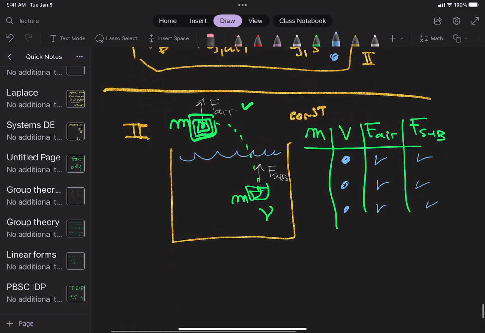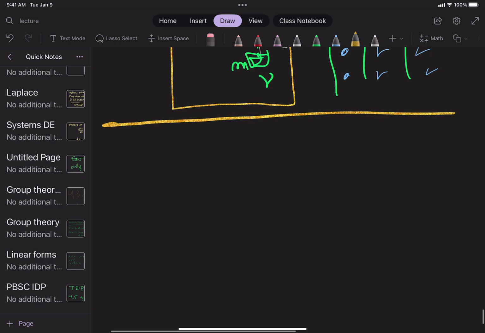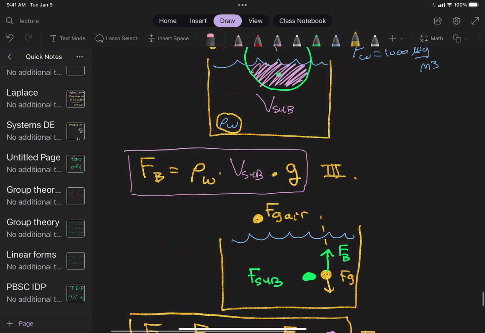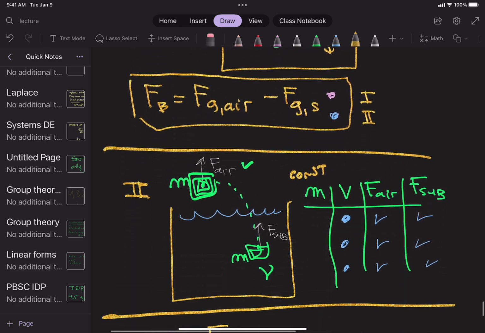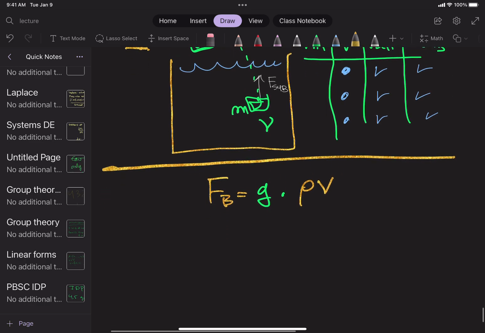So part 3 is going to be the second equation. In part 3, we're going to verify this equation, that the buoyant force is equal to, I'm going to rewrite this equation like this: the buoyant force is going to equal gravity multiplied by density times volume.